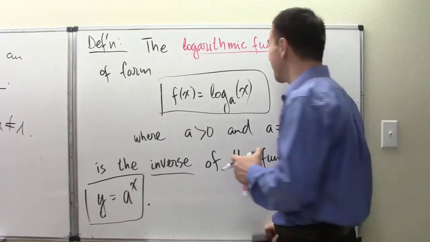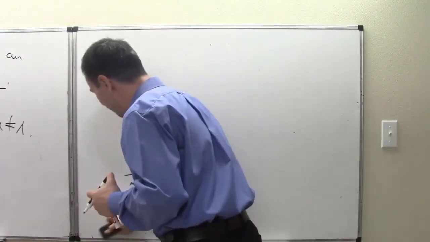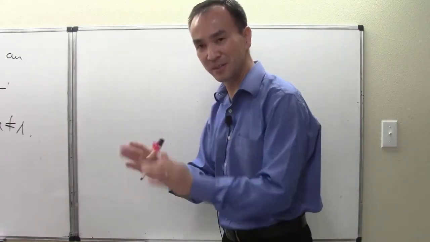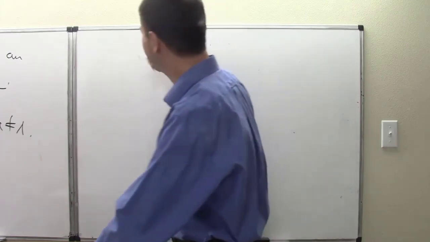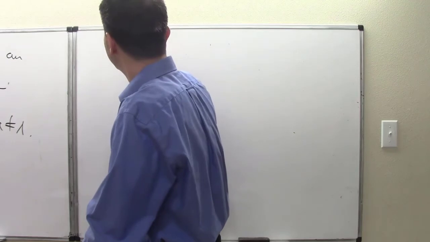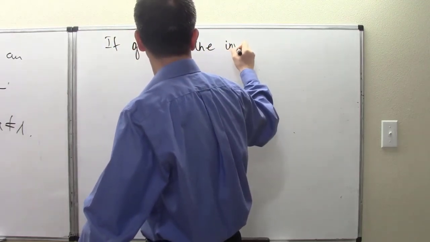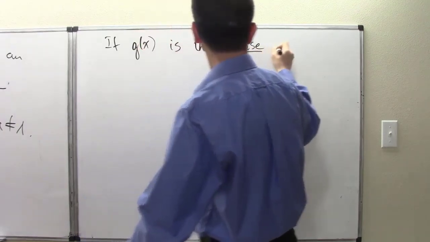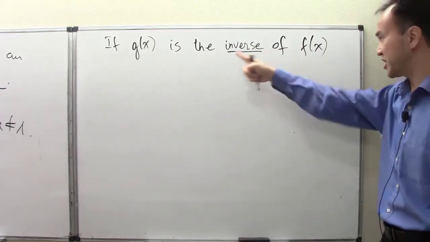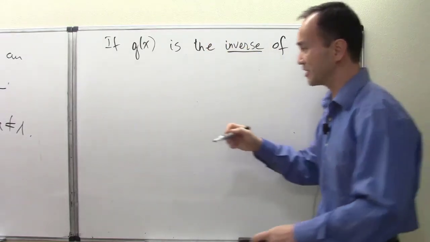Okay, so now allow me to erase this. Think about this understanding we've had earlier. If g is the inverse of f, for whatever function f of x that is, then this is what we knew right here.